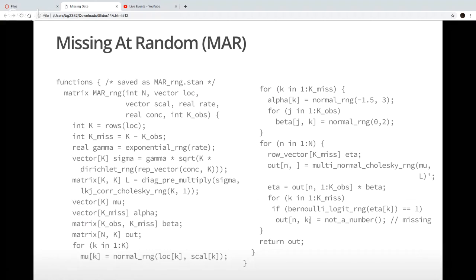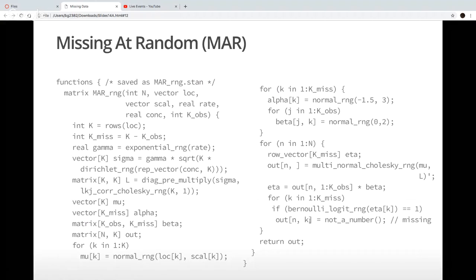And so here we have a missingness mechanism, but the missingness probability depends on the data. But it only depends on variables in the data that are fully observed. So this is a little bit less general than missing at random could be, but the basic idea is, okay, the missingness depends on the values of the data, but only fully observed values.